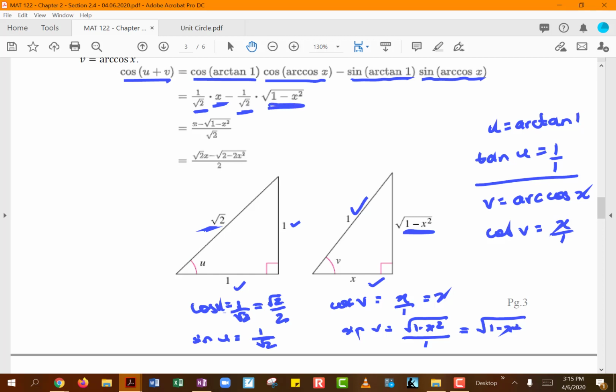So that's where this guy comes from. And then of course they're multiplying everything and then rationalizing your denominator, which is where this answer is coming from. Square root of 2 x on the outside, minus square root of 2 minus 2x squared, and then of course the entire thing divided by 2.